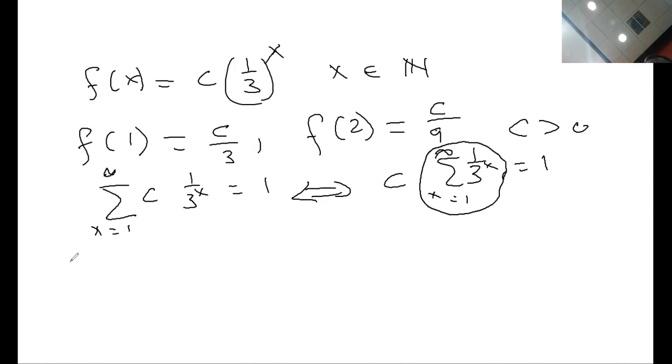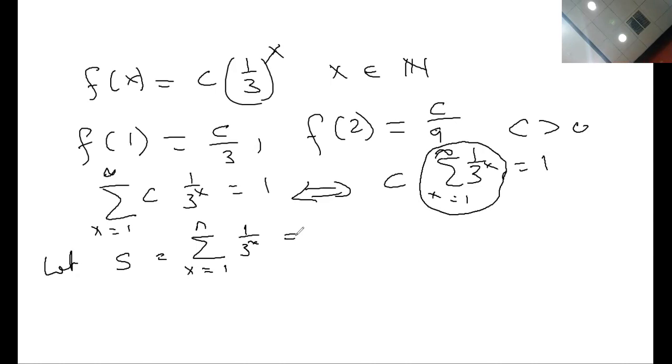To compute this one as we did last time, let Sn be equal to the sum from x equals 1 to n of 1 over 3^x.